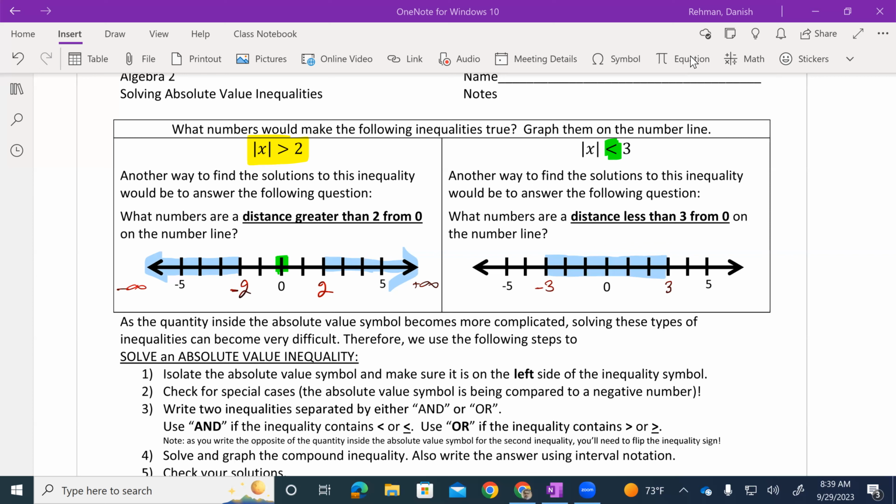In both of these cases, do you see an equality sign along with the inequality? It's not less than or equal to, it's not greater than or equal to, it's just less than or greater than. In such cases, I will suggest you put parentheses on both sides here.